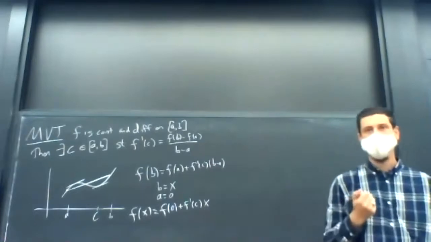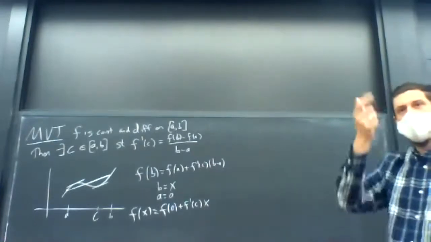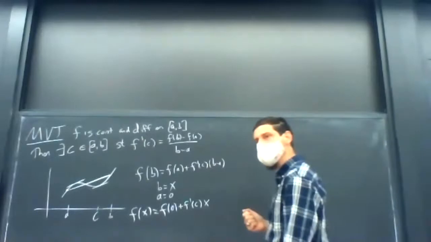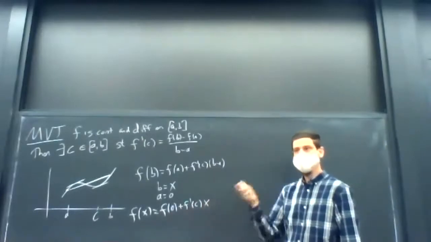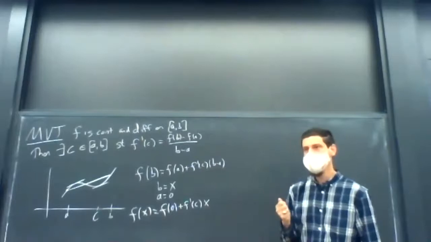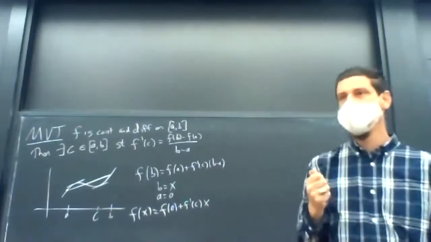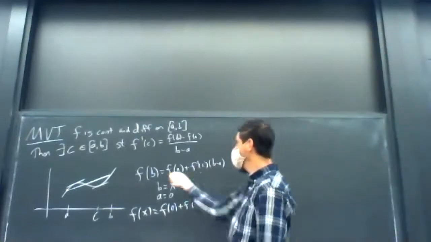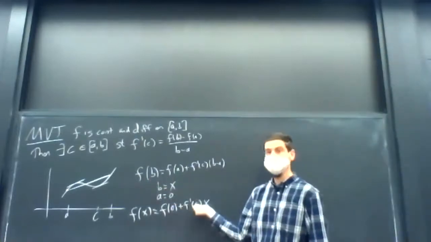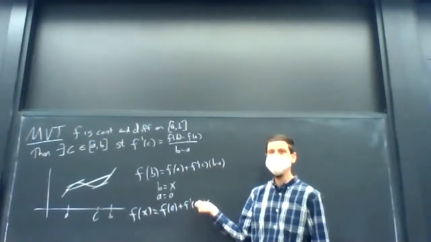What could be better? Well, but this is already perfect. If I did a different point other than b, I would just get a different point c here. What might you want to know?